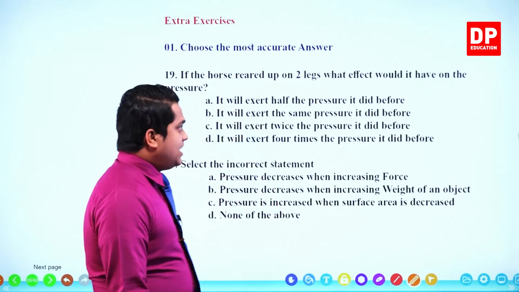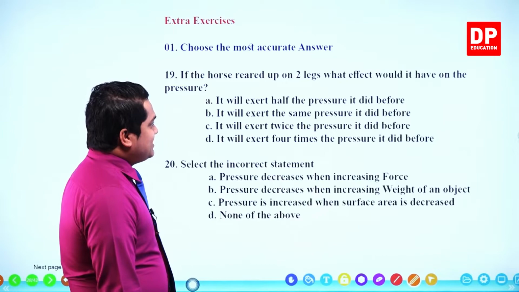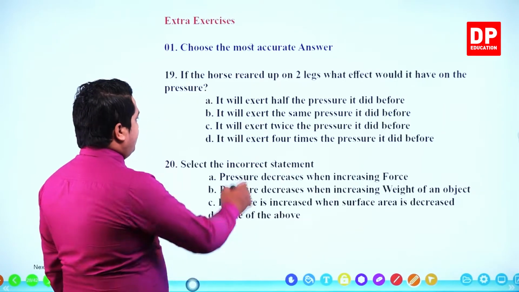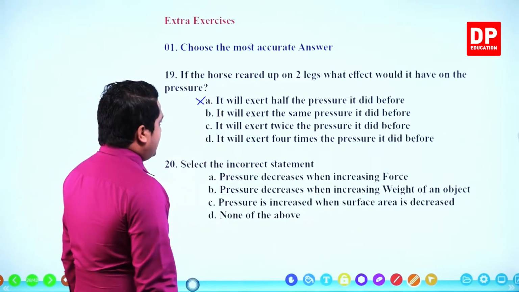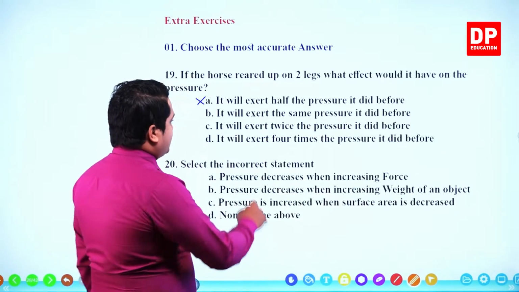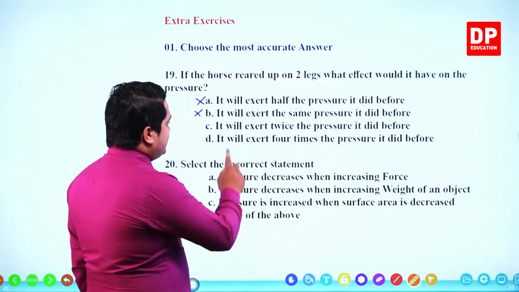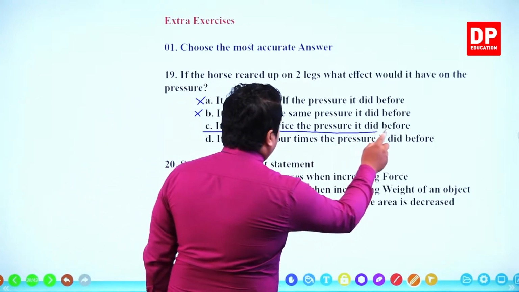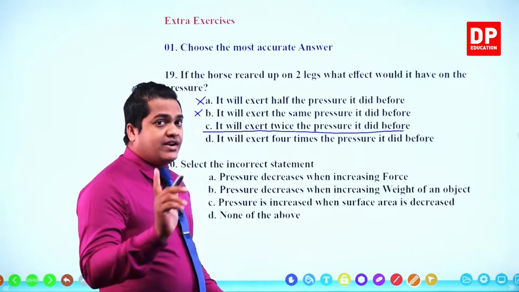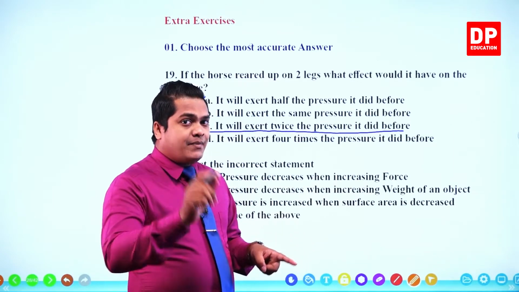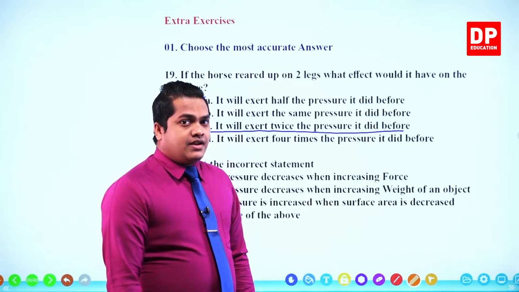So let's go for the answers. It will exert half the pressure it did before. Incorrect. It will exert the same pressure. Once again, incorrect. It will exert twice the pressure. Even in the earlier case, I have calculated and shown you what has happened. Right?